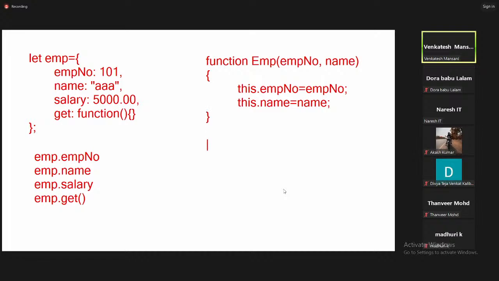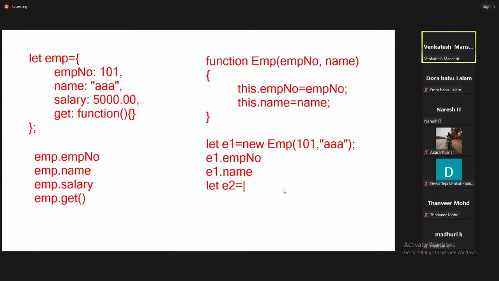Then how to create an object? Let e1 equal to new emp with employee number and name. Then how to access: e1.employeeNumber, e1.name. But here is one more benefit: you can create one more object with separate data.